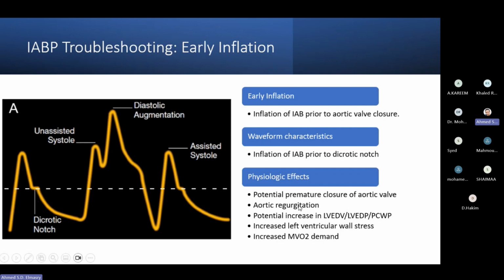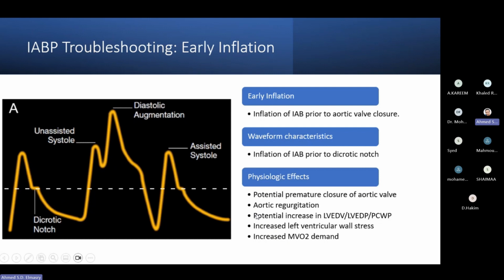And also this will lead to increase in the left ventricular end diastolic volume and left ventricular end diastolic pressure, and consequently this will lead to increase in the pulmonary capillary wedge pressure. And this will lead to increase in the left ventricle wall stress, and this will lead to increased oxygen demand.